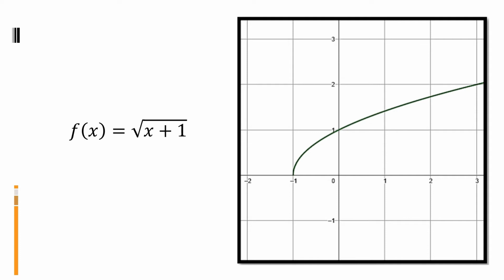Kung kukunin naman natin yung limit of f of x as x approaches negative 1, you can see na hindi natin madidescribe yung behavior ng graph when x is less than negative 1, or yung mga values from the left of negative 1, kasi wala tayong graph dito. We can only describe yung behavior ng f of x by taking the values of x na greater than negative 1 or yung mga from the right of negative 1.